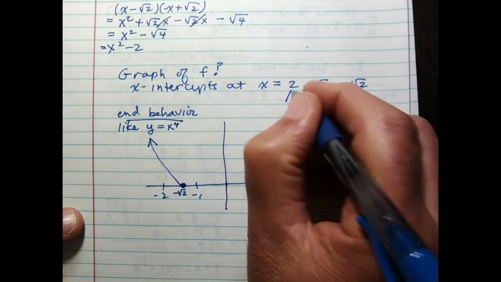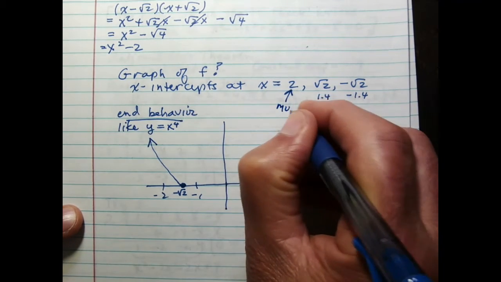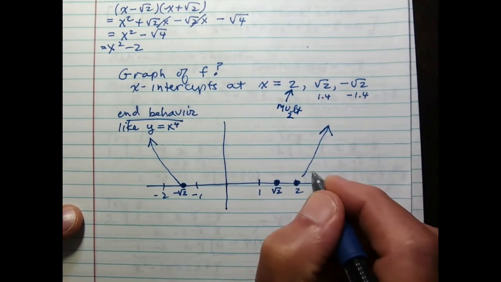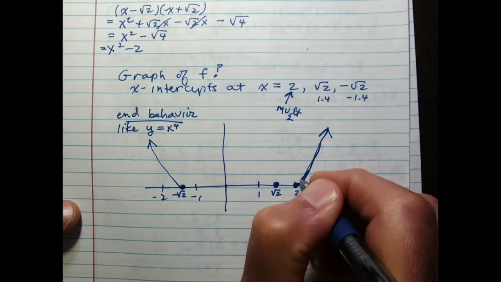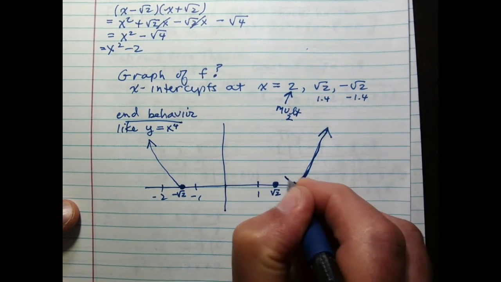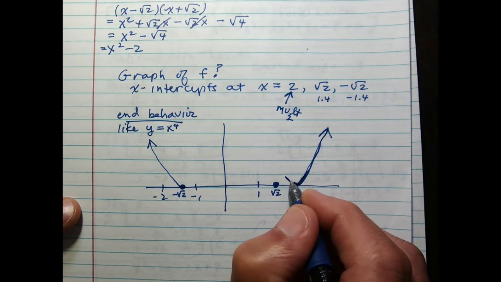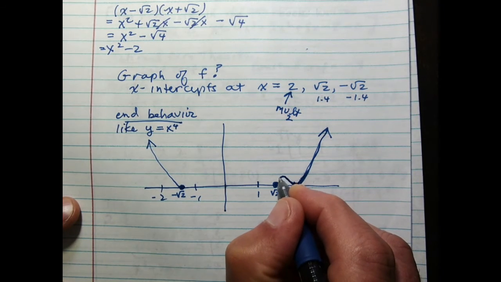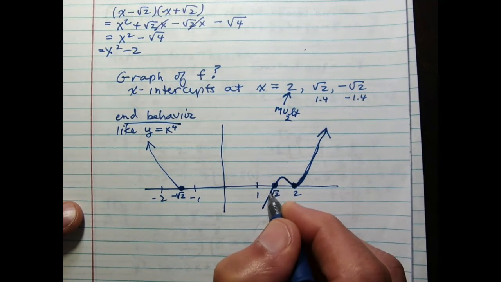The x-intercept at x equals 2 has multiplicity 2. So we know when the graph comes down and touches the x-axis at 2, it has to bounce off. It can't cross through. There's that multiplicity effect on the graph. Then it's got to turn around and come back at square root of 2, and then it crosses through because that has multiplicity 1.